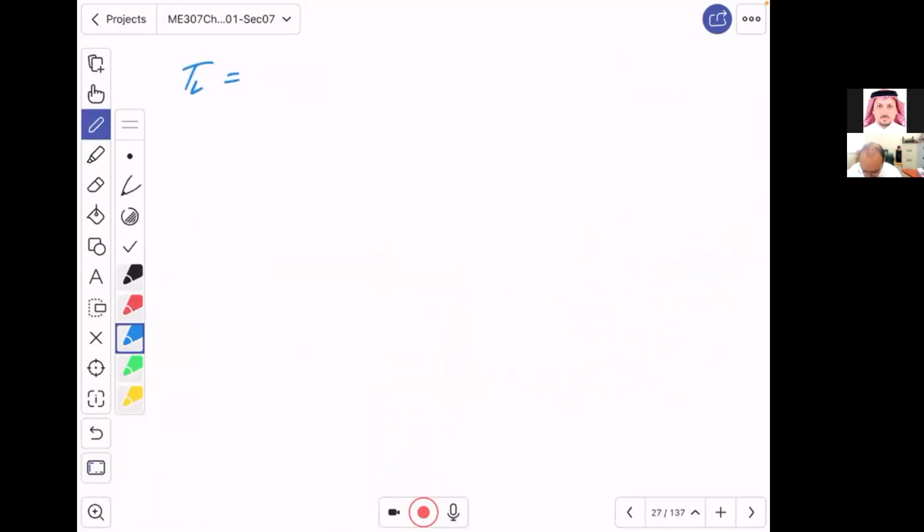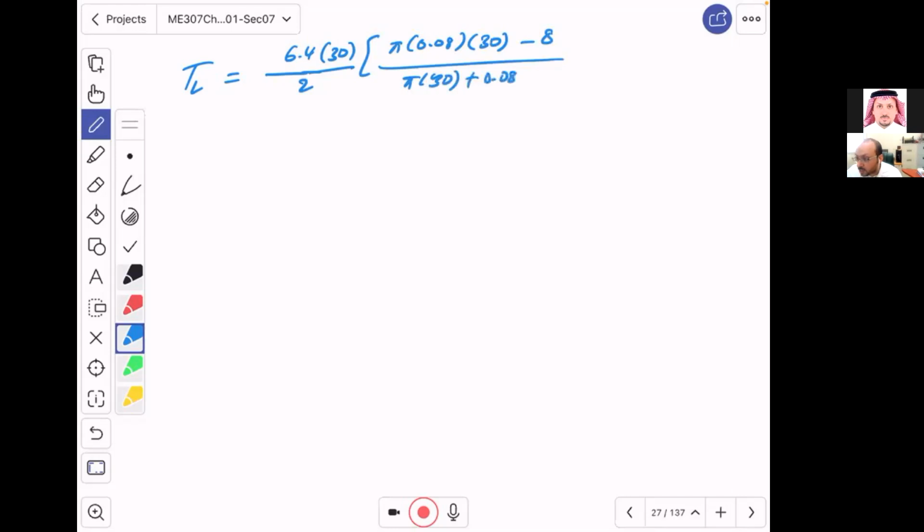TL is equal to, again, 6.4 kilonewton multiplied by 30 millimeter divided by 2, and then I have the friction, 0.08, multiplied by π times 30 minus 8, divided by π times 30 plus 0.08 multiplied by 8. 8 is the lead, don't forget.